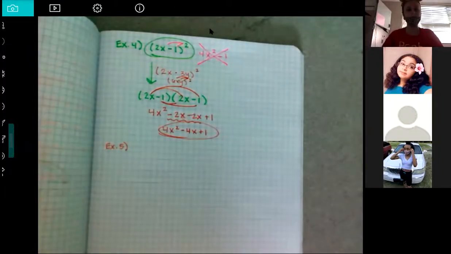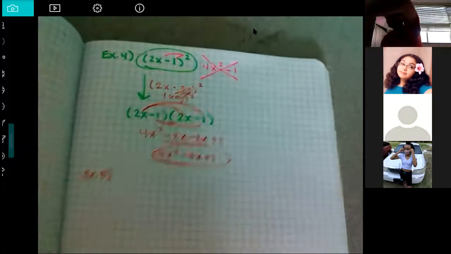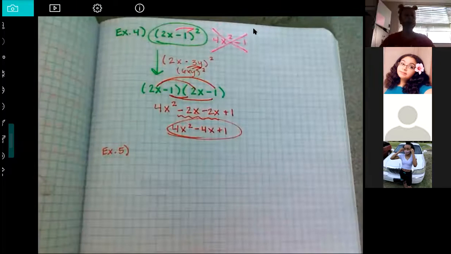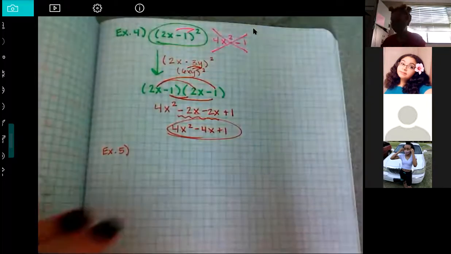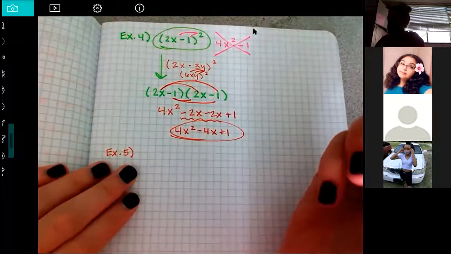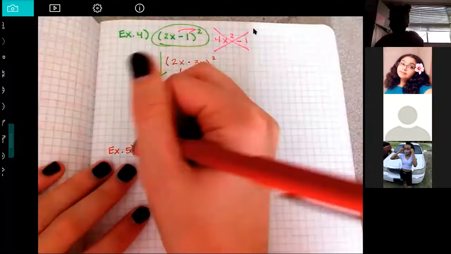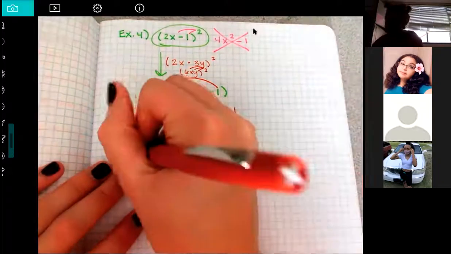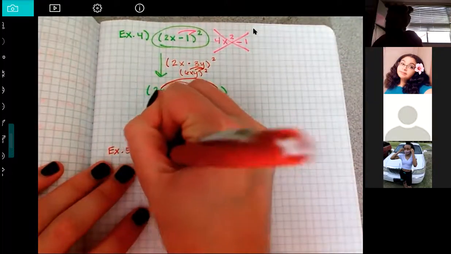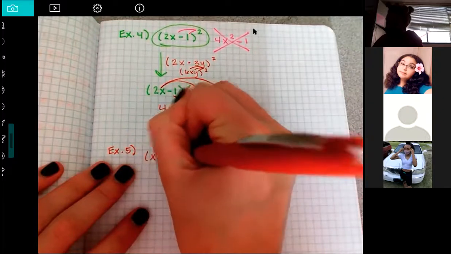But if you don't need it, then you'll be good to go afterwards to do your classwork. So we're going to have example 5 and example 6. Everybody's ready? No new notes. It's the same methods. X plus 3 times.